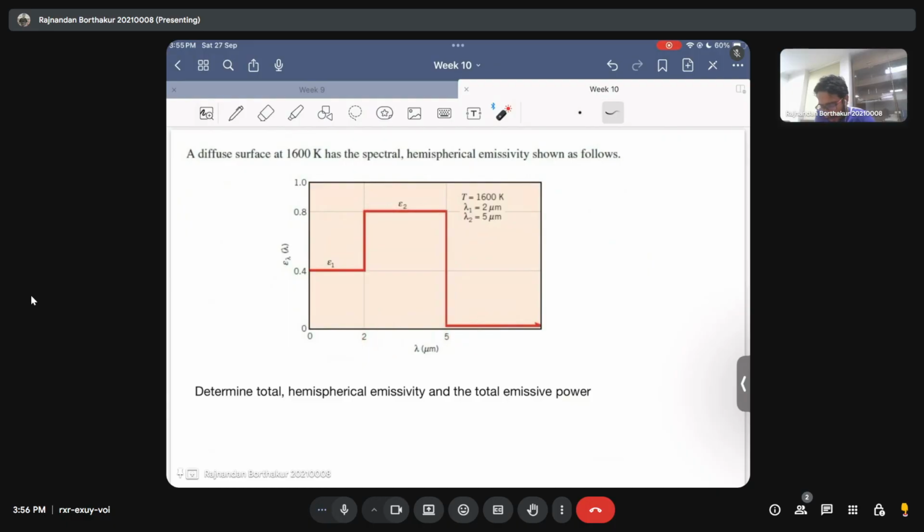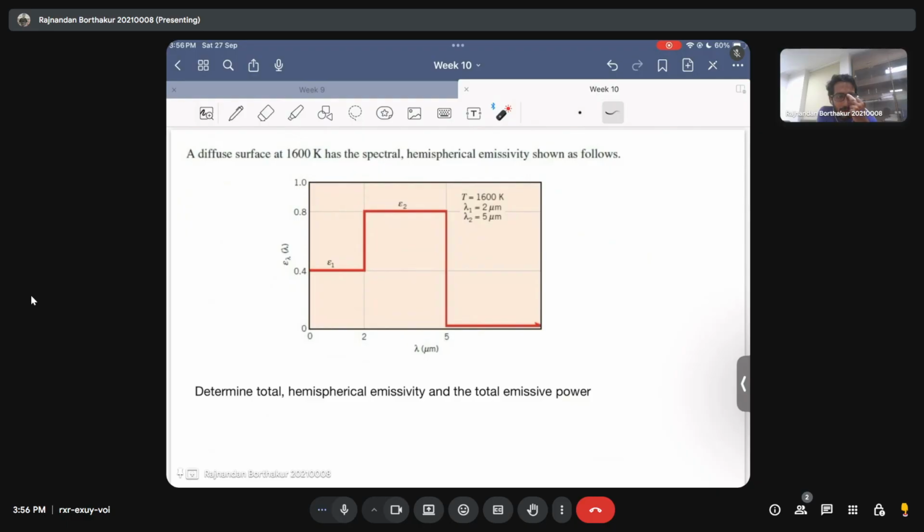Okay, so the first and foremost thing that you need to understand is whether in reality this happens like this. Because if I ask you what your emissivity is at wavelength 2, then you would say that it's kind of a step function, right? Because you can equivalently say that at 2 your emissivity is 0.4, and someone can also argue that your emissivity is 0.8 at 2.